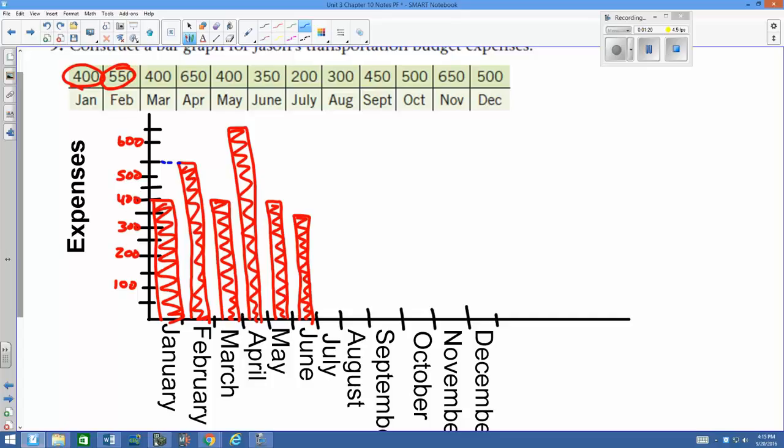March 400, and you just keep on repeating the process. 650 for April, 400 for May, 350 for June, July is 200. So I would make a box that goes up to there. And you just go all the way through until you have all of them inputted in.